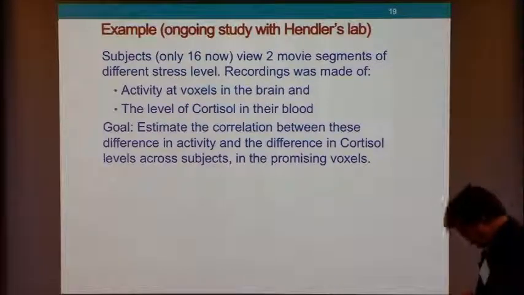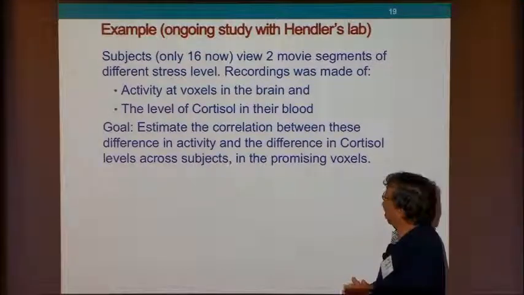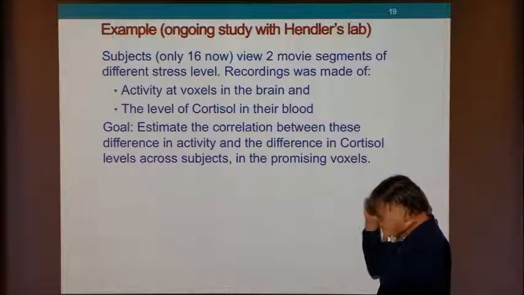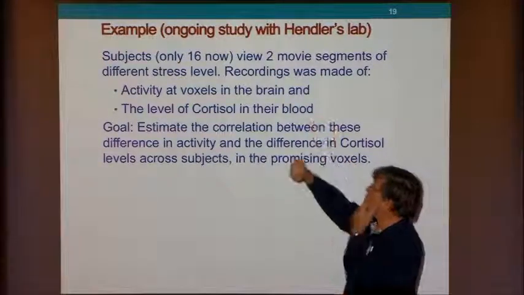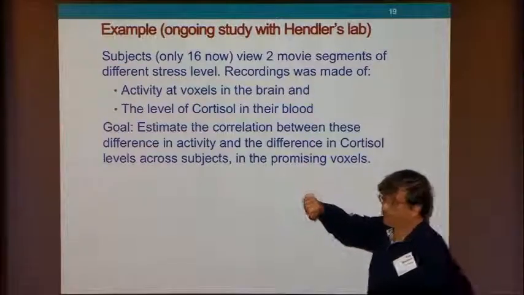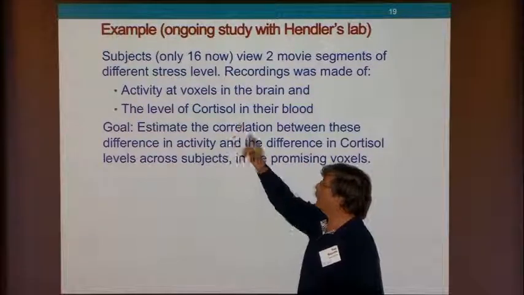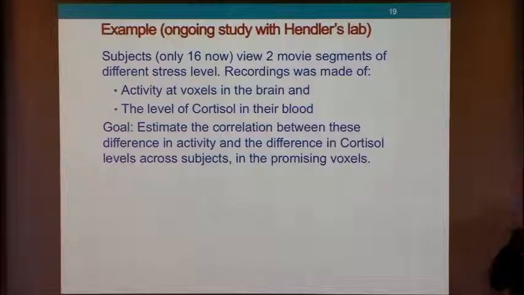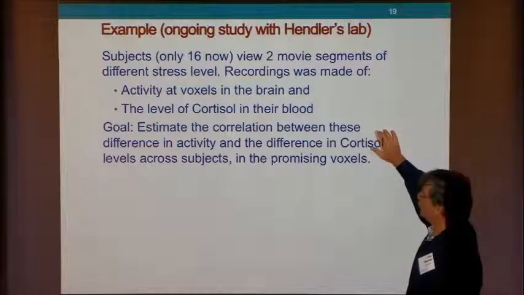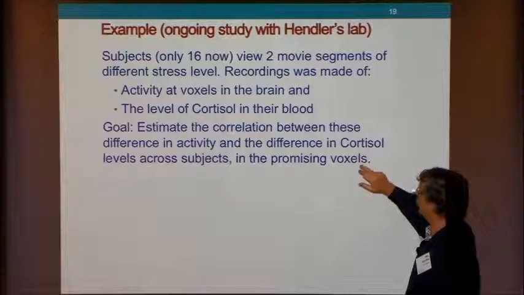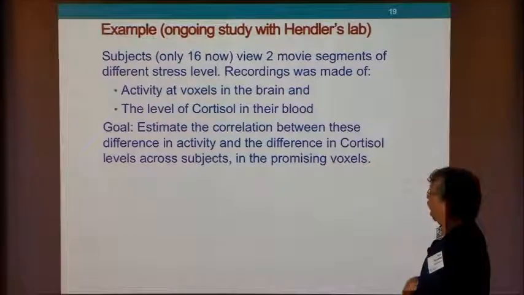And then, using fMRI technology, MRI technology, activity at voxels in the brain was registered. And at the same time, the level of cortisol in their blood was measured. Cortisol signaling also stress in terms of hormone level. And the goal was to estimate the correlation between these differences in activity and the difference in cortisol levels across subjects.